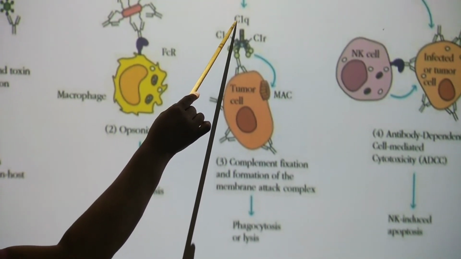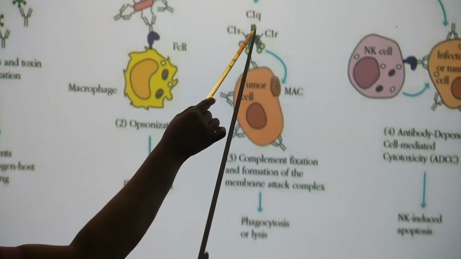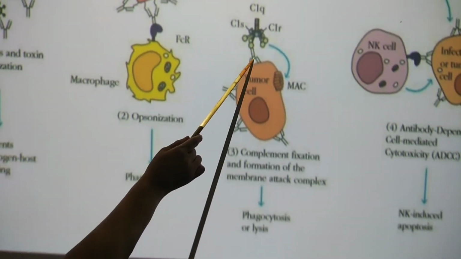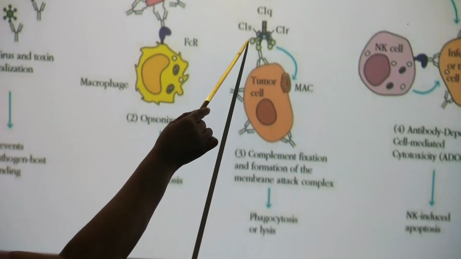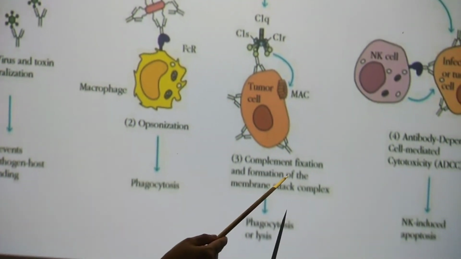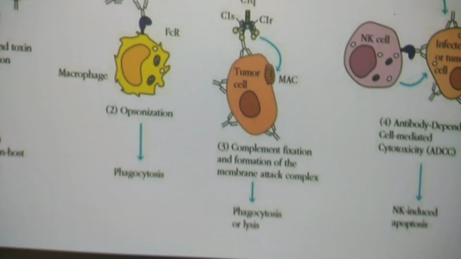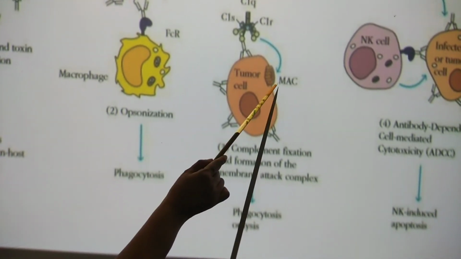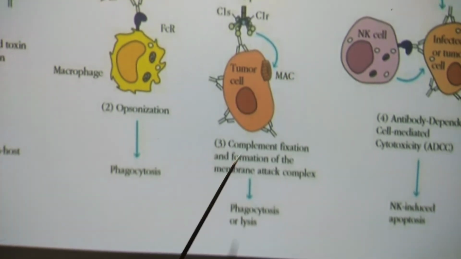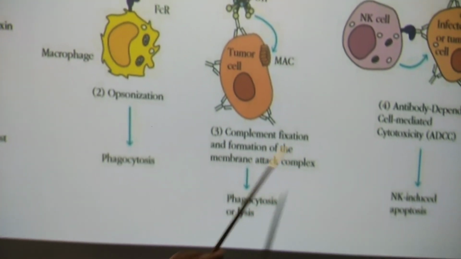Complement components are numbered C1, C2, C3, C4 and so on. The activation process starts with C1 and, in a particular sequence, the different components of the complement get activated and finally that will lead to the formation of MAC, that is the membrane attack complex.